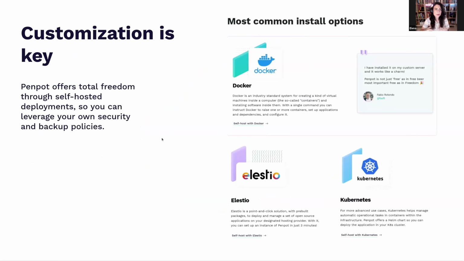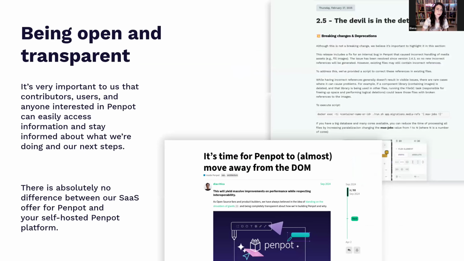To make contributions possible, for us, customization is key, and we want Penpot to be able to run anywhere, anytime. We want to give freedom to make it easy to install Penpot in as many systems as possible, to do that as easy as possible locally, and to make it accessible to anyone. That's why Penpot offers total freedom through self-hosted deployments. And that also leads us to being open and transparent.